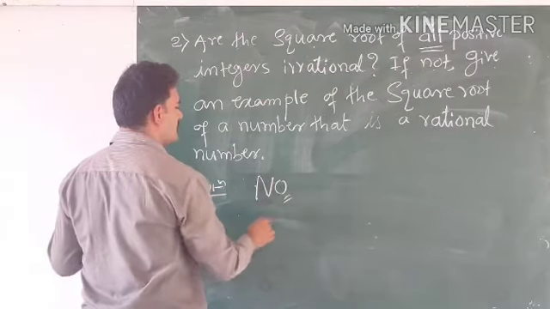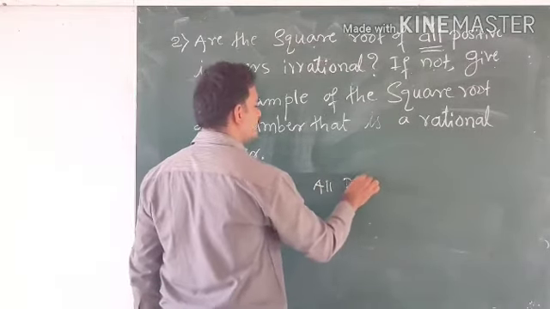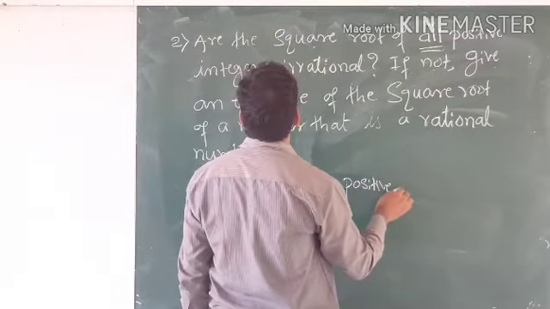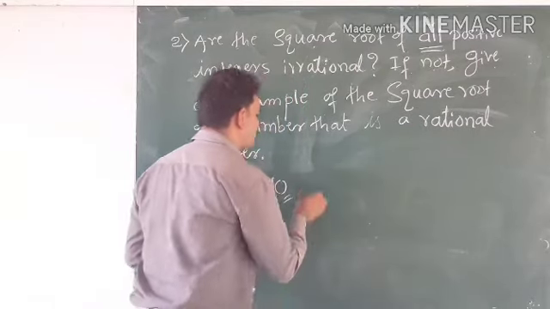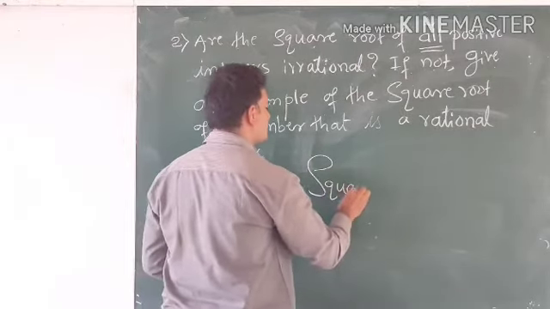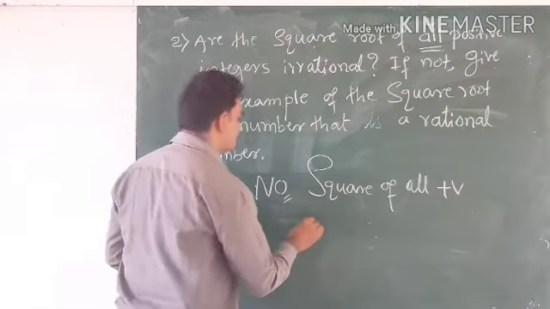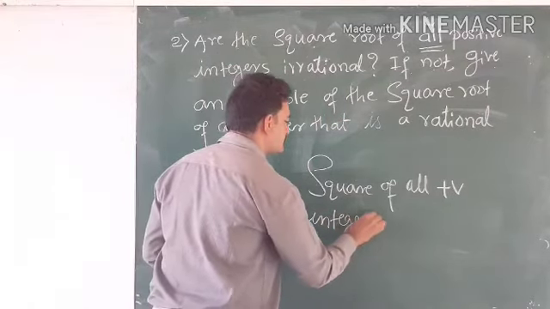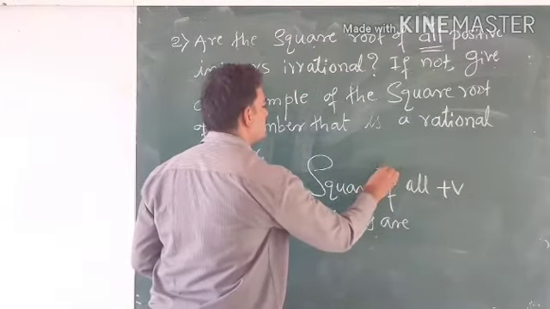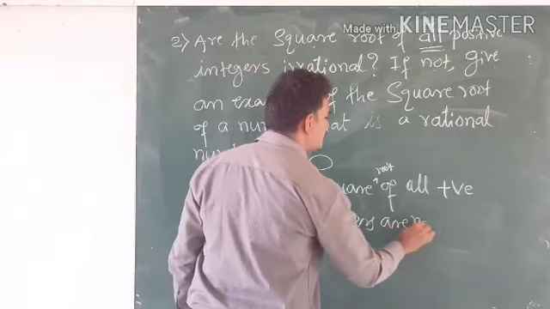No. The square roots of all positive integers are not irrational.